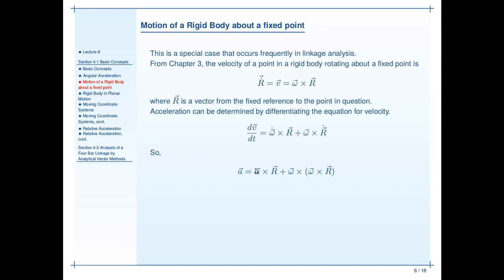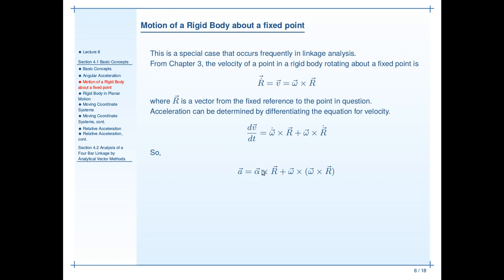We can break that up, or at least restate it a little bit, in noting that this first cross product, omega dot cross r, is actually described as alpha cross r, alpha being the angular acceleration.